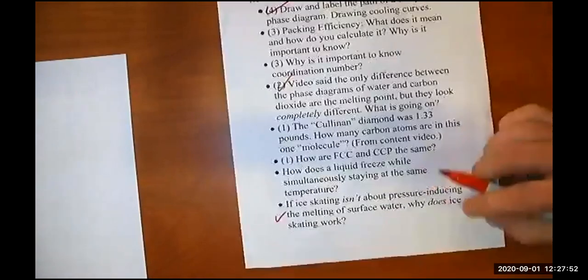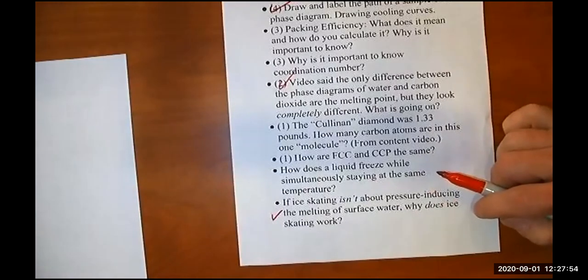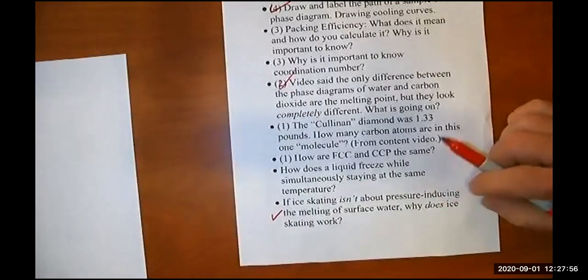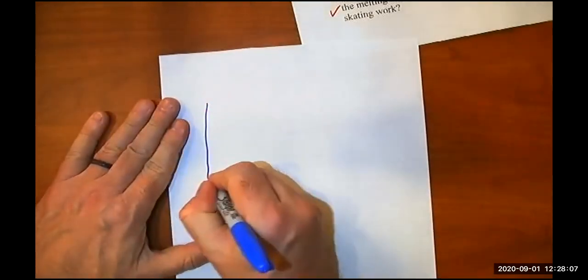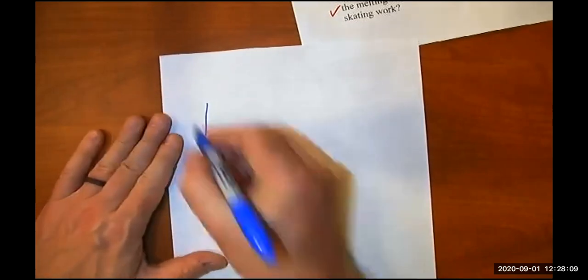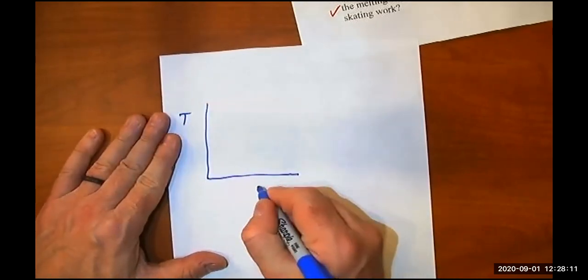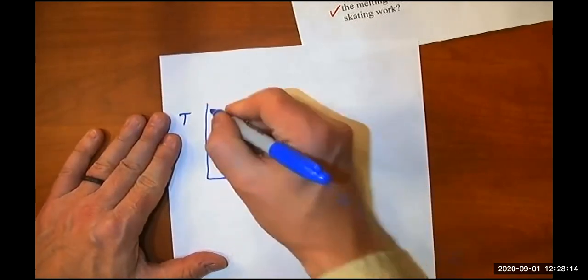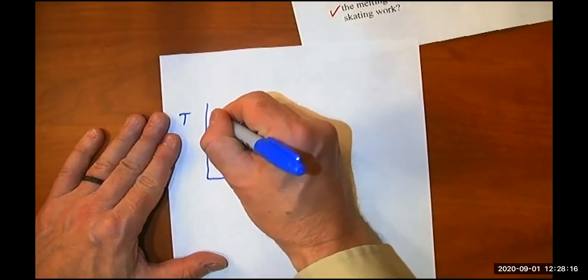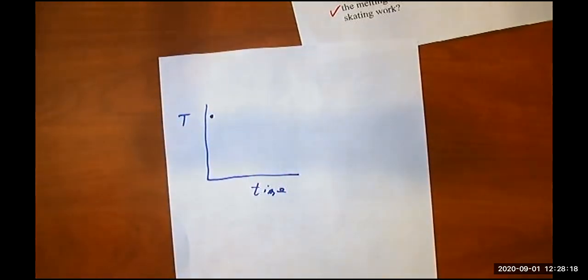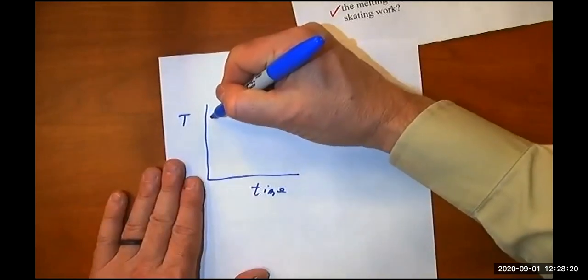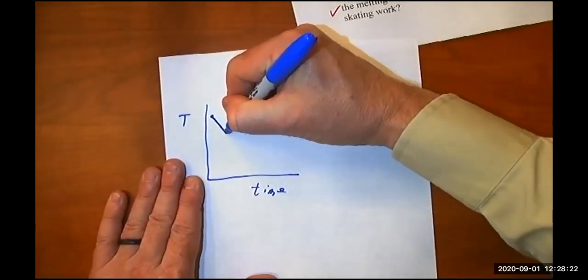How does a liquid freeze while simultaneously staying at the same temperature? Okay, that's an excellent question. That's talking about these cooling curves or heating curves. So let's suppose that we have a sample of liquid water at some temperature, and we are cooling it until we reach the freezing point.